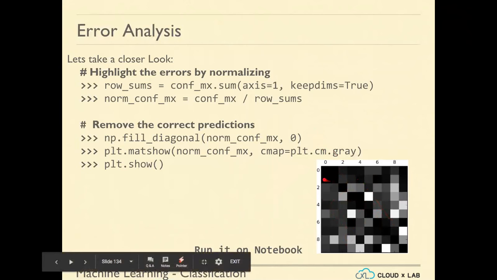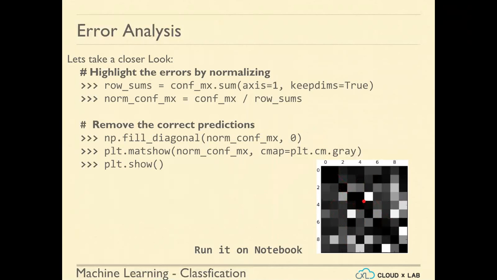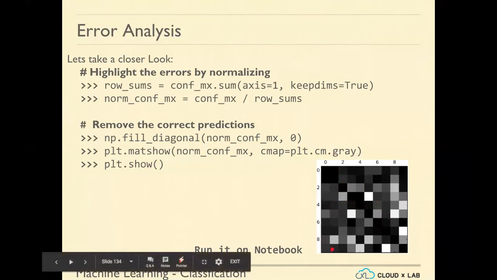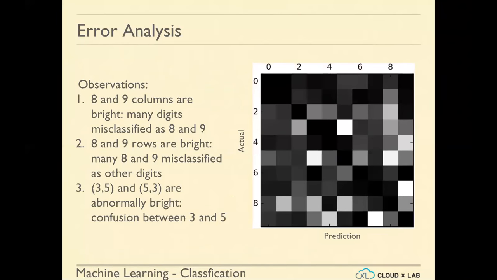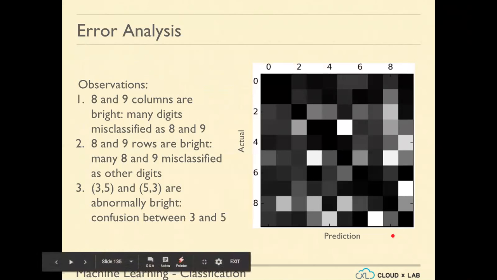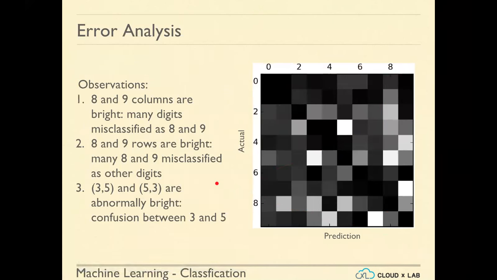Those errors in identification became significant. We saw that quite a few errors are happening. Here we observe that the eighth and ninth digits also had full columns identified wrongly, and 3 5 and 5 3 are abnormally bright.